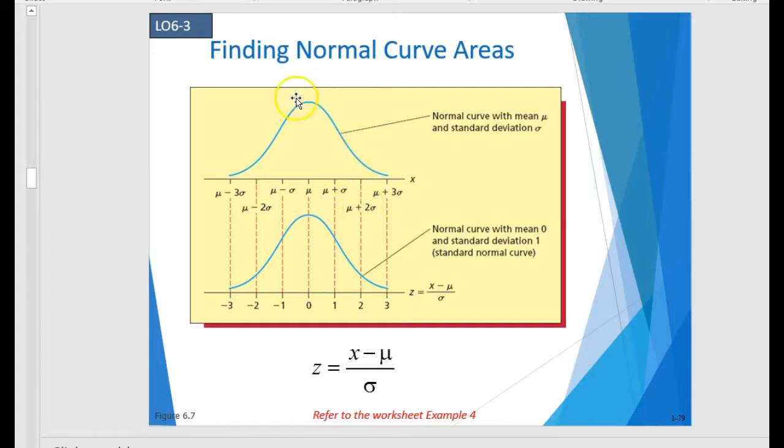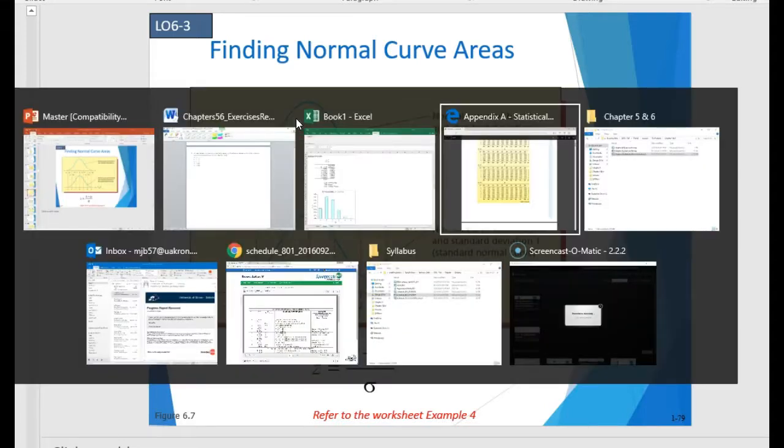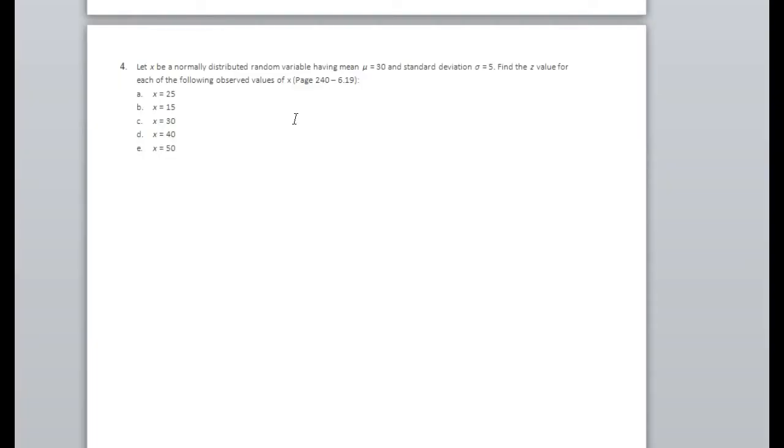Okay, so we're going to use a z-score in order to turn something into the standard normal curve, because then we're going to be able to just look up values in the back of the book and determine probabilities. So we're going to get some practice with calculating z-scores. It's a very simple thing. As you can see by the formula, z is just equal to x minus mu, over the standard deviation. So without any further ado, let's go to the worksheet. Okay, so we're going to look at number 4.